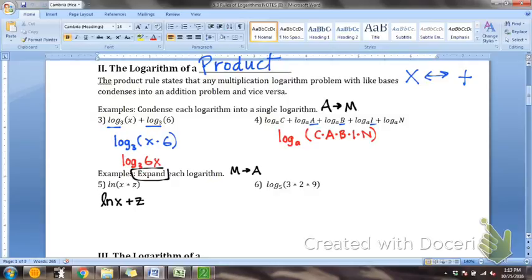Okay, look at what happened up on example 3. Do you see that the log goes with both of them? So down here on example 5, the log needs to go with both of them as well, or the natural log in this case. So we have the natural log of x plus the natural log of z.